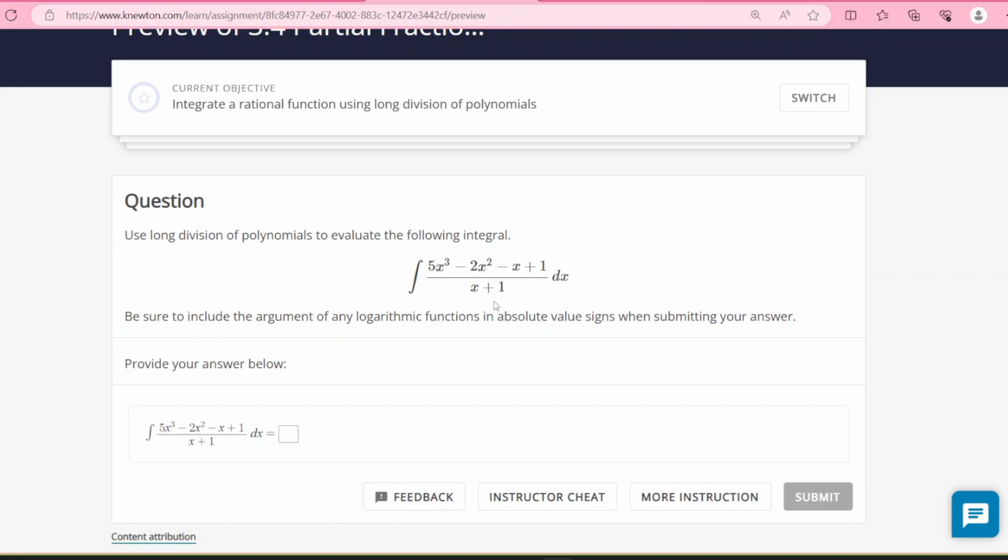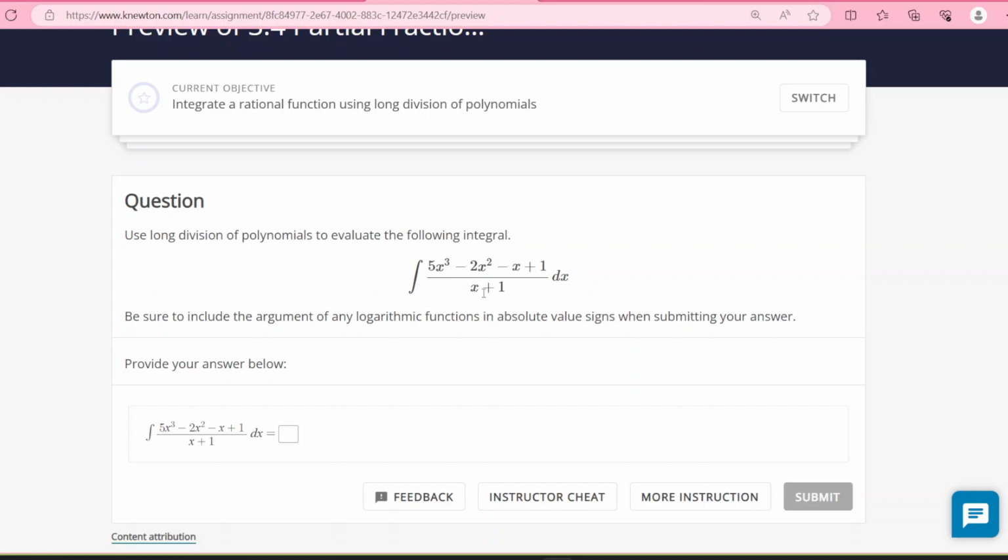So you might recall from a previous algebra class or pre-calculus that for an improper rational function, the degree of the numerator polynomial is either the degree of the denominator polynomial or greater. So in this example here, we have a degree 3, a cubic polynomial in the numerator, and a degree 1, some smaller degree polynomial in the denominator.